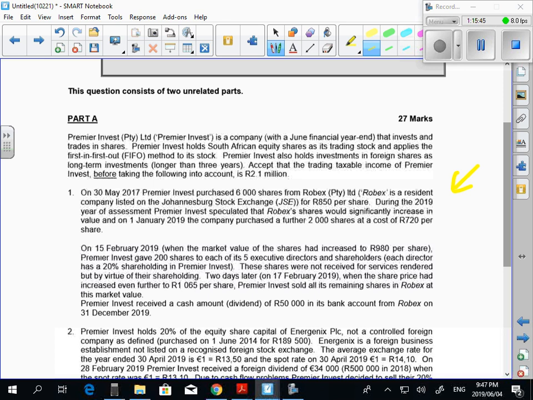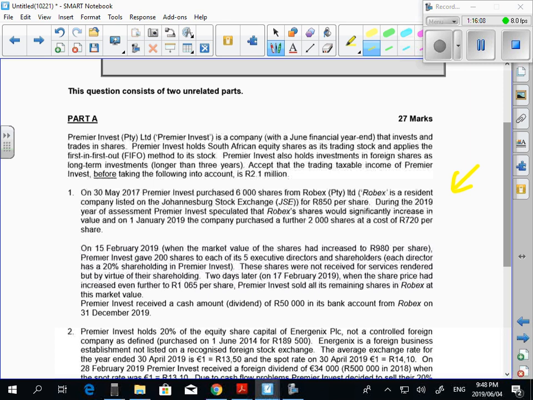On 31 May, Premier invested 6,000 shares in Robex. Robex is a resident company listed on the JSE at 850 a share. So your opening stock deduction is going to be whatever that calculation is, 6,000 times 850. Are you guys comfortable with that? Okay.